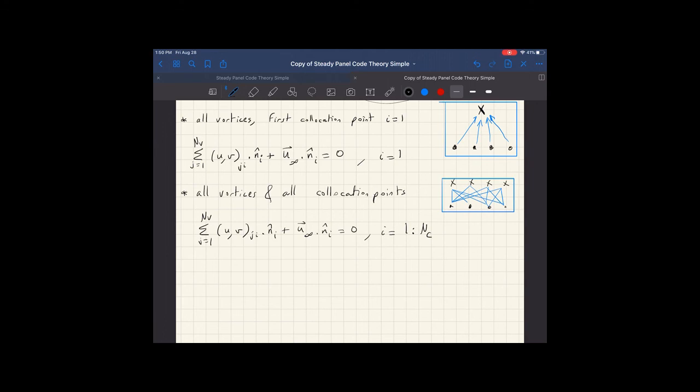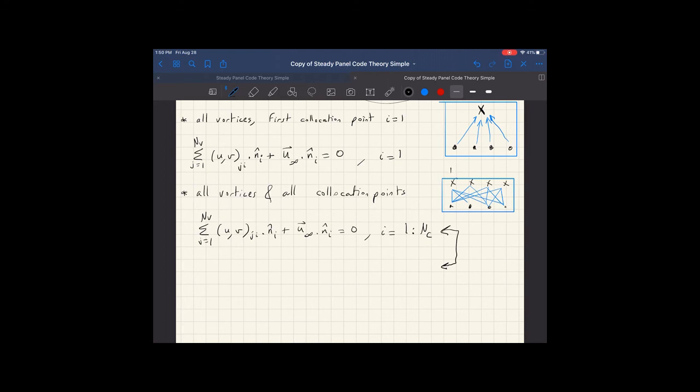So what that looks like is given by the schematic here, where each collocation point, so collocation point 1, is affected by all the vortices, but then again, all the collocation points are affected by all the vortices. So you end up with a system of equations that is equal to the number of the collocation points.